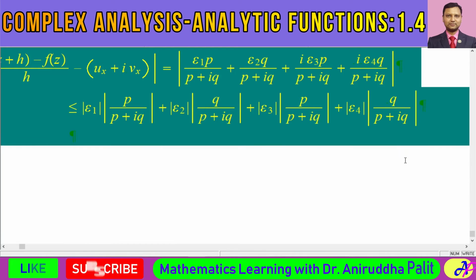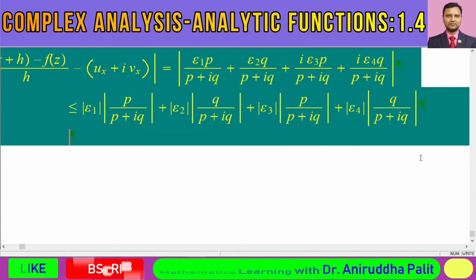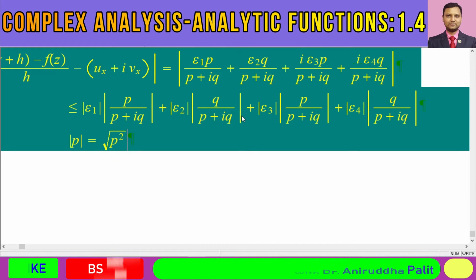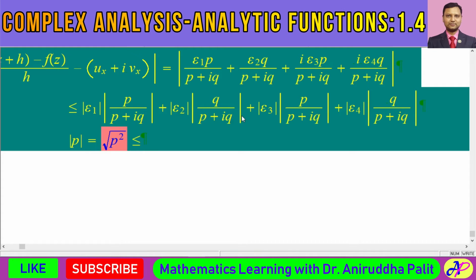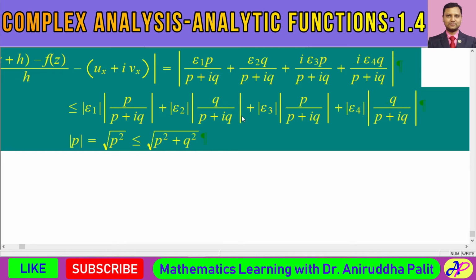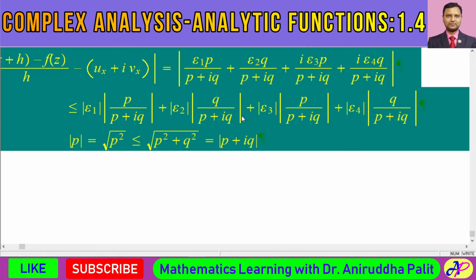Now you see over here we can say that modulus of p is less than or equal to, or you can say modulus of p is equal to the positive square root of p square, and that is less than or equal to square root of p square plus q square, and that is basically modulus of p plus iq.